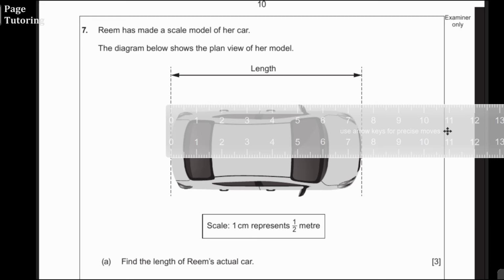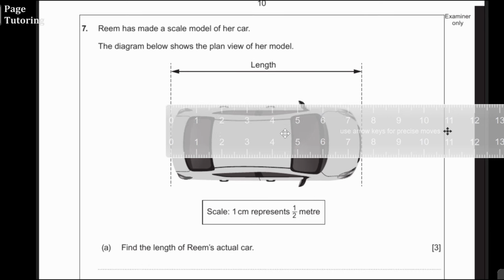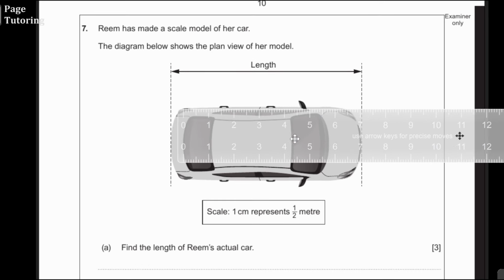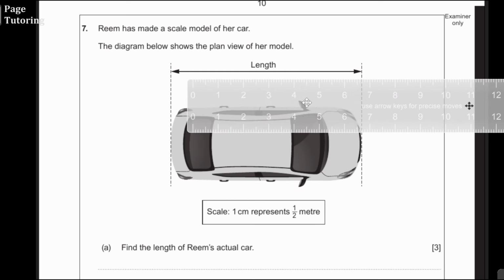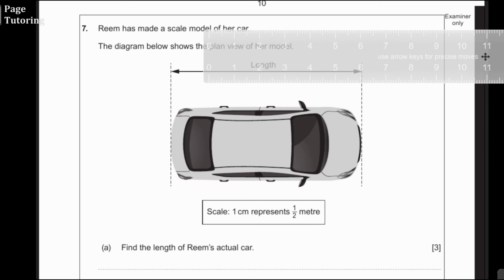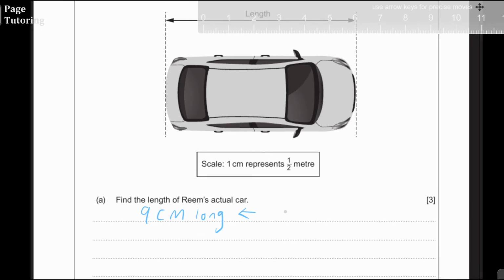I can see that there, 9 centimetres. So say if you had printed the exam and to save on paper, you've printed it half the size, you've got A5 sheets, you would instead be measuring 4.5. But for now, we're going to assume this is full size A4 paper. We're going to assume that my ruler is the correct scaling. And when I measure it, it's going to say exactly as the mark scheme says, it's 9 centimetres long. We can even write on there, measured with ruler.